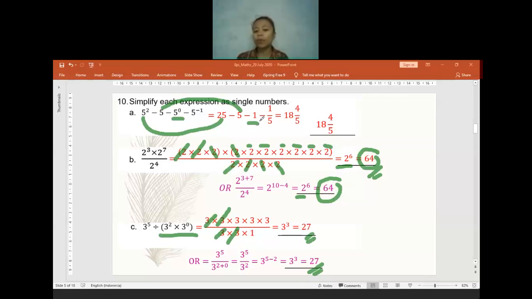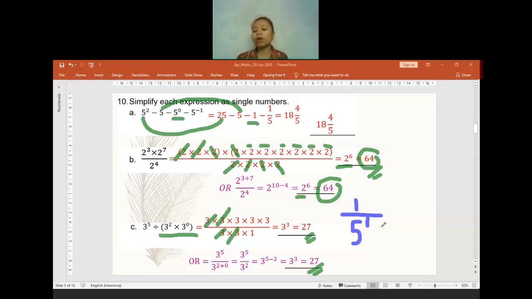So it will be 1. Then I have 5 to the power of negative 1. When we have a negative power, we can make it a fraction. 5 to the power of negative 1 can be a fraction as 1 per 5 to the power of 1.